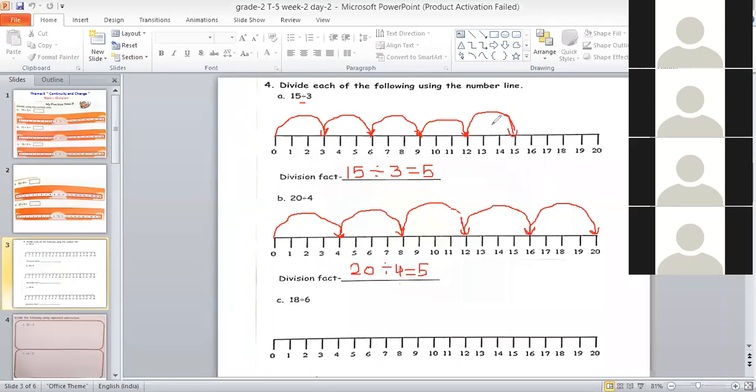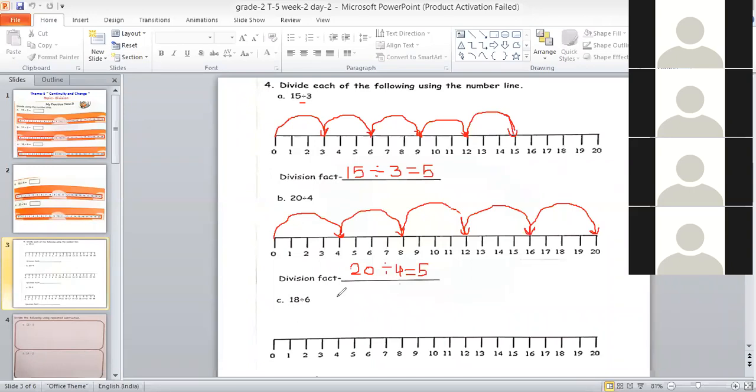Akshaya, are you there? Akshaya is not there. AVK Ganesh? Yes, ma'am. If we are starting from 0 and taking steps of 6, what will be the first number? Ma'am, tell the question again.